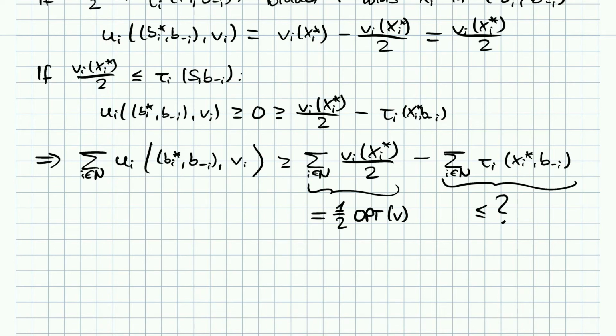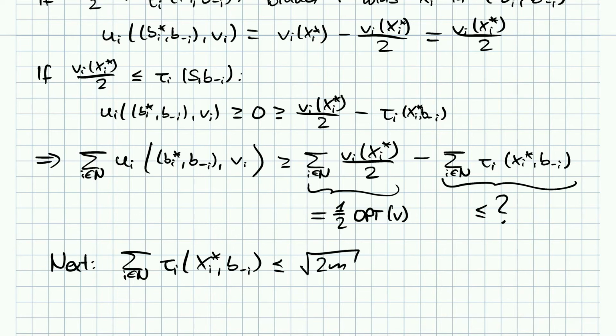What we'll do is we'll bound this sum by 2 square root 2m times the sum of the bids for the outcome of our mechanism.